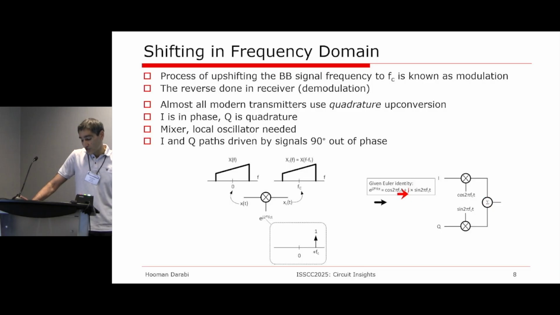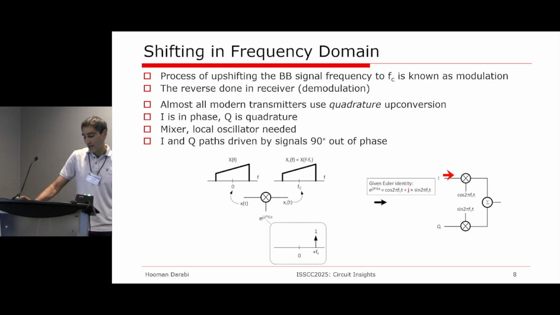Now, still there is a j. It's not enough to just simply add these two. It's I plus j times Q. And to get around that, the I and Q signals which are fed to the mixers: on the I side it is x(t), and the Q side is a 90 degree phase shifted version of x(t), known as the Hilbert transform. 90 degree phase shift is equivalent to multiplying by j in frequency domain.